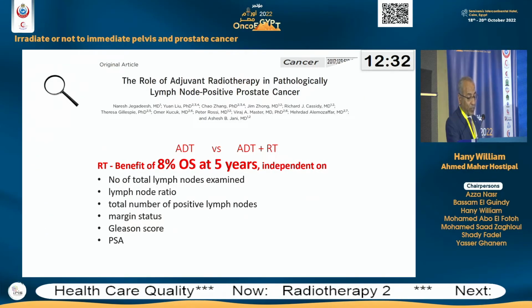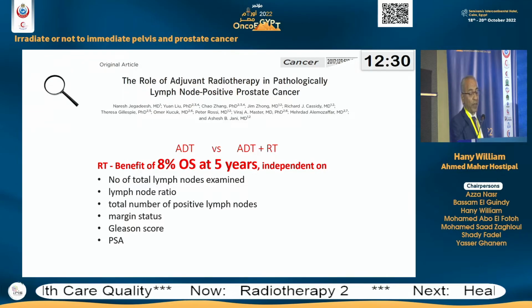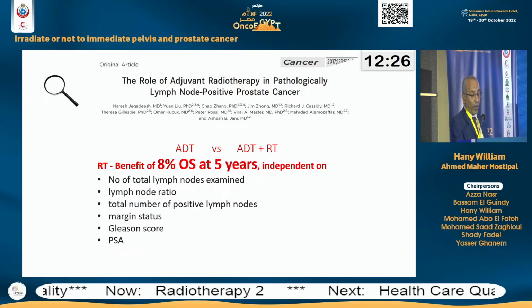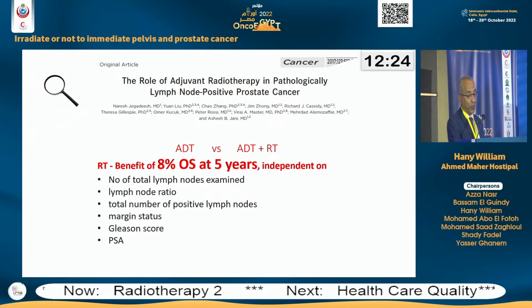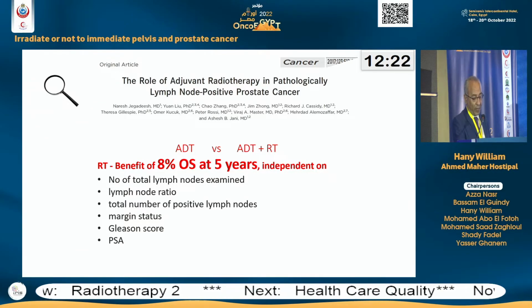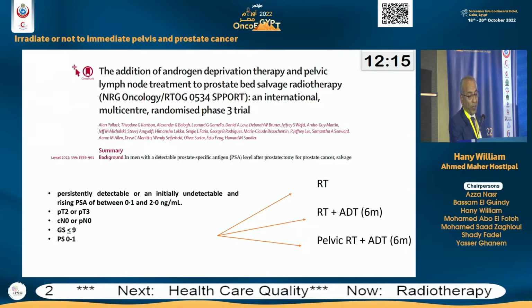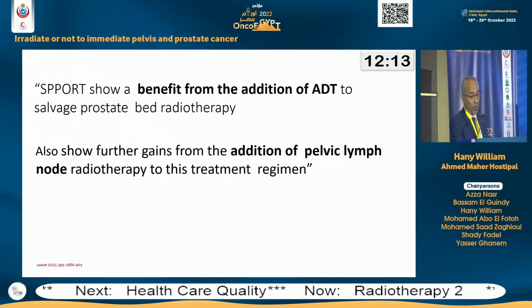In the high-risk patient, we search for the pelvic lymph nodes. And from Dr. Marwan's talk, the role of adjuvant radiotherapy in pathological lymph nodes has a benefit of 8% overall survival, adding ADT with pelvic irradiation, which was also proved in RTOG 0534.